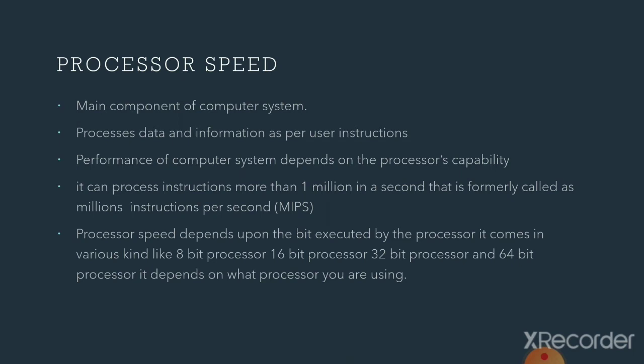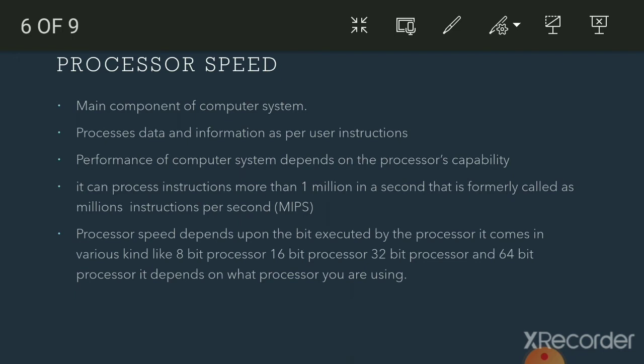So whenever you go to purchase, the first thing you have to see is the processor speed, how fast it calculates, what is the number of instructions it can execute per second. Okay, so the more instructions per second executed, the faster your CPU processor is. So you have to find how many instructions it executes in 1 second.